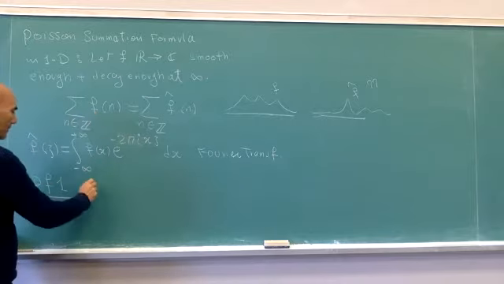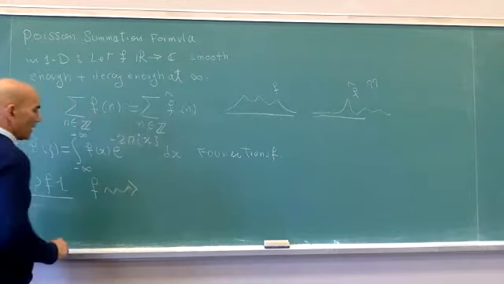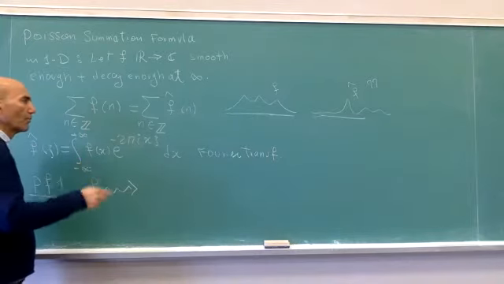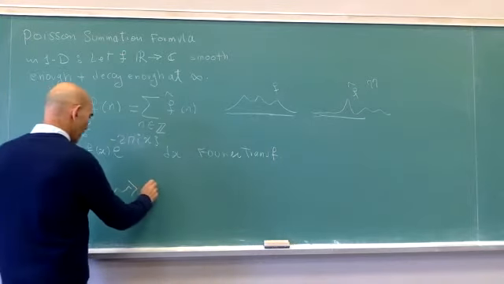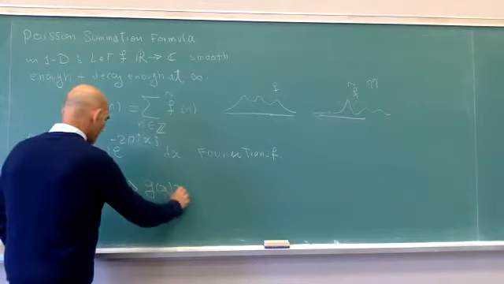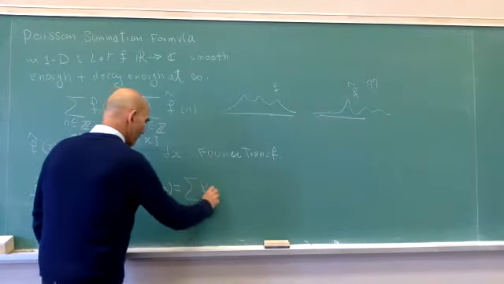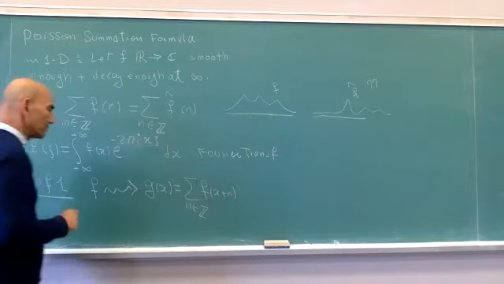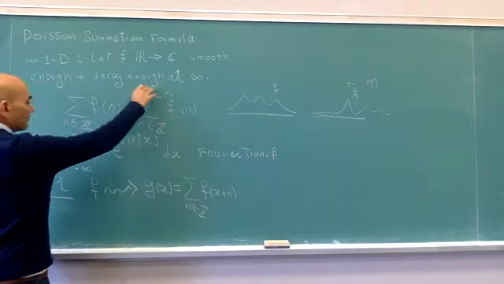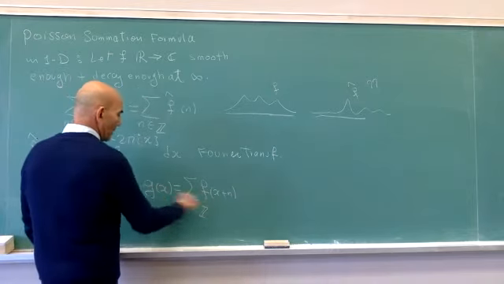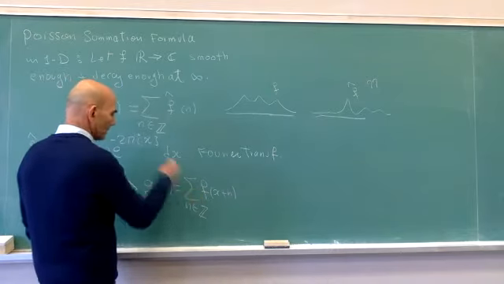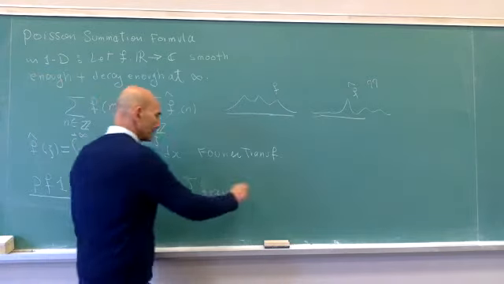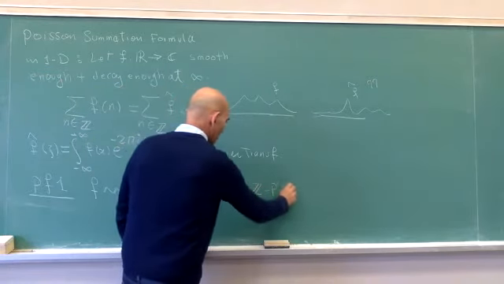Given this f, you can create a periodic function by averaging over the action of the group Z. You define g of x to be the sum of f of x plus n, n belonging to Z. The decay at infinity guarantees that this sum is convergent and a nice enough function. In particular, this g is Z-periodic.